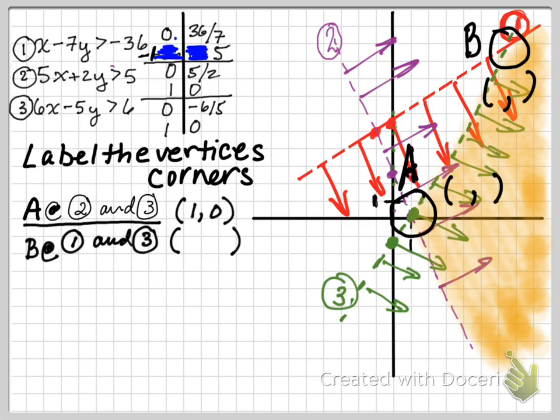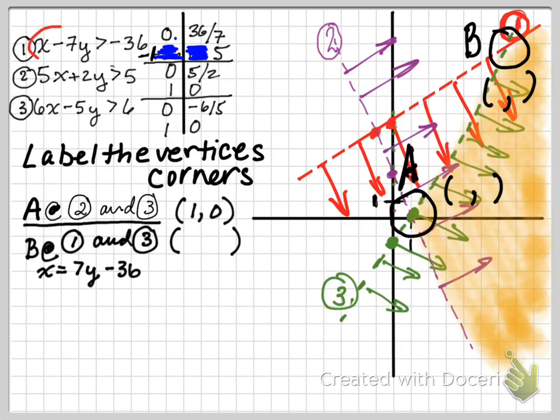If I look at 1 and 3 and think about those as equalities, because looking at them as equalities is going to tell us where those edges intersect, then to solve that system, I'm going to say x is equal to 7y minus 36.